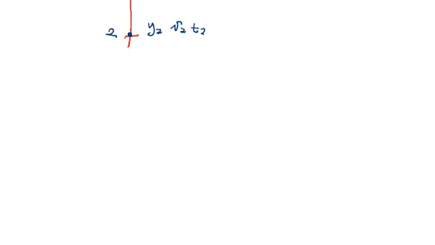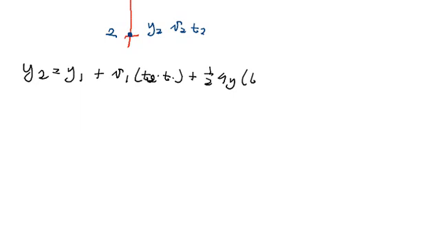So the first kinematic equation that has the position, the velocity, the acceleration, and the time would probably be the most useful. That would say that y2 equals y1 plus v1 times (t2 minus t1) plus 1/2 a_y times (t2 minus t1) quantity squared.